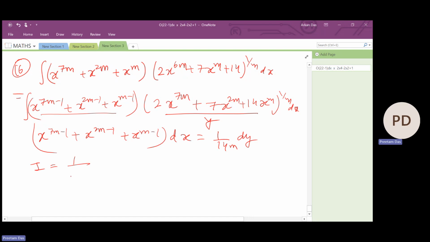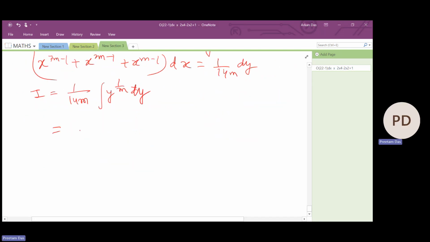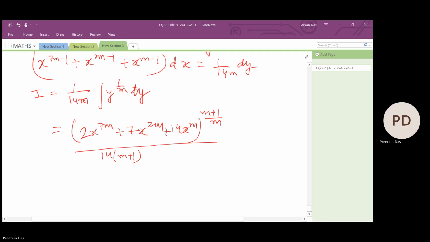I will be 1 by 14m integration y raised to 1 by m dy. So now you have to simplify this to get the answer, with m plus 1 by m, 14 times m plus 1, plus c.